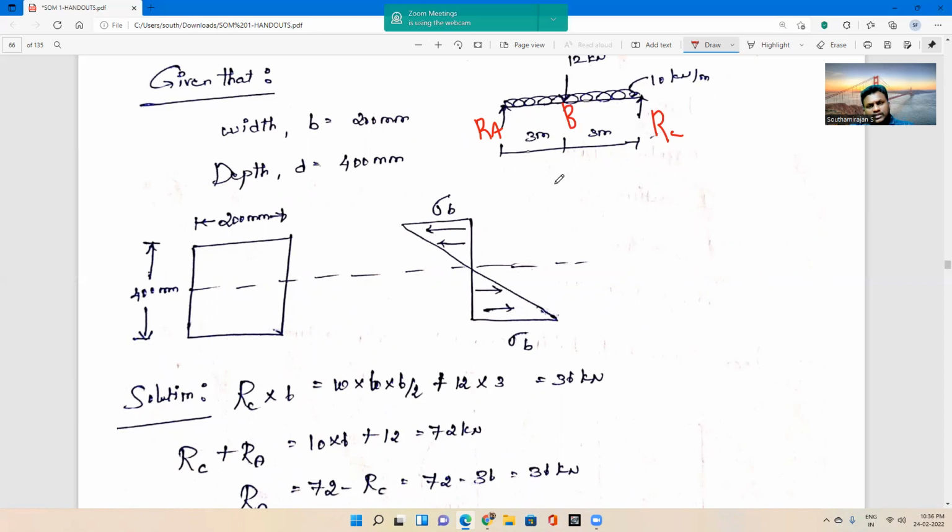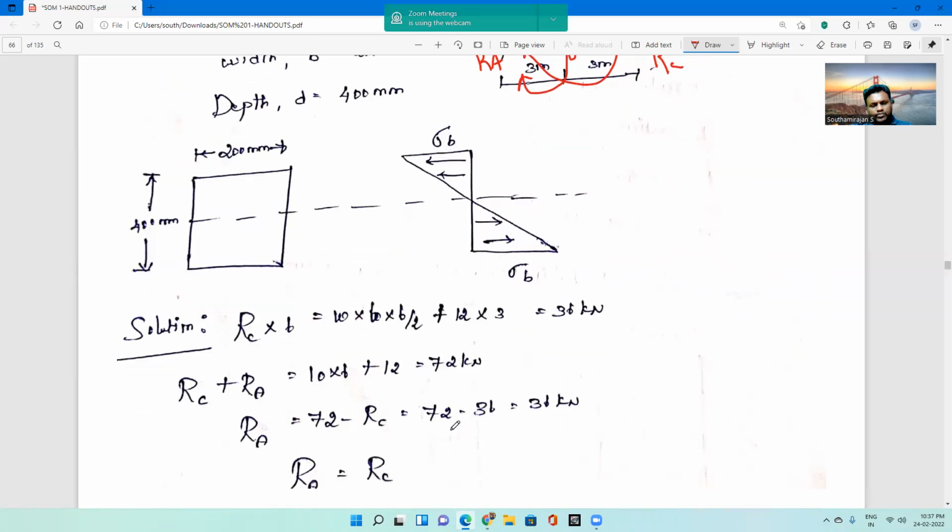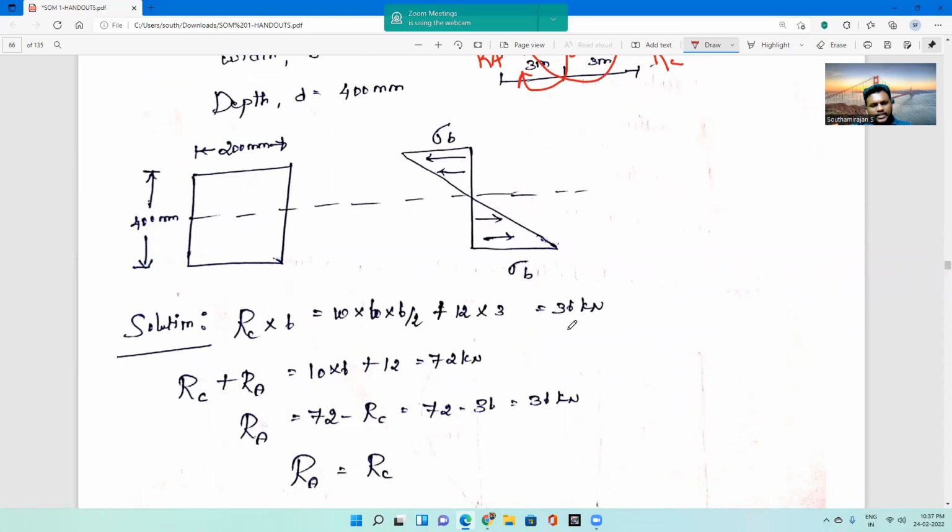Taking moments about A, RC into 6 equals the UDL, 10 into 6 being the load, acting at half the distance, 6 by 2, plus the point load, 12 into 3. From this we have calculated RC equal to 36 kilonewton.